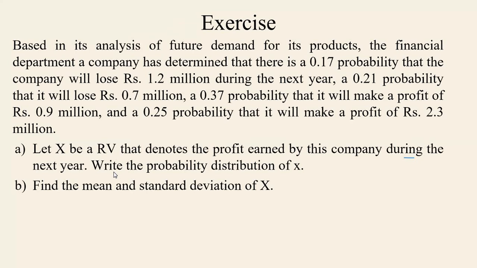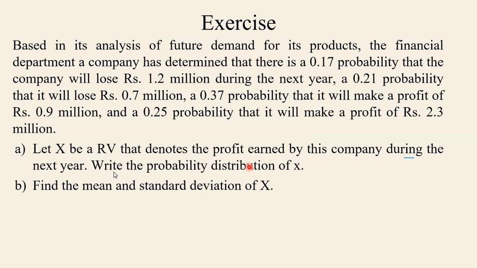Right. When we look at this probability distribution, one thing you have to note is that the random variable denotes the profit earned by this company. X is a random variable that denotes the profit earned by this company.